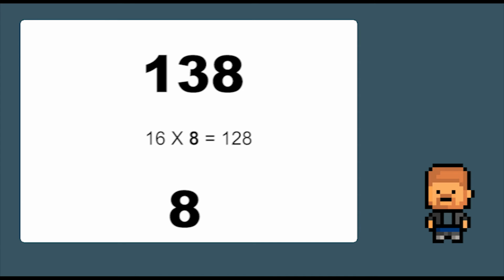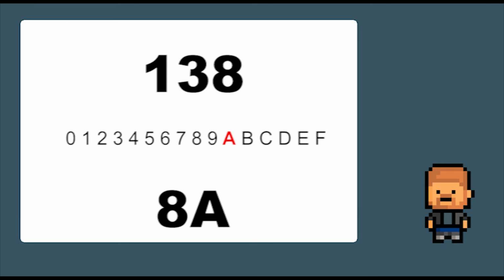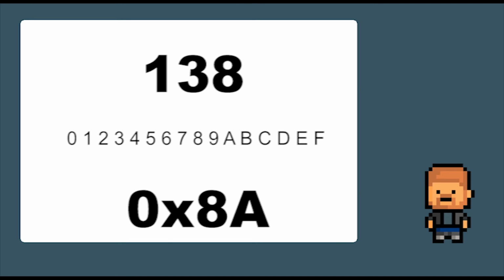So our first hexadecimal value is 8. We subtract 128 from 138, and we have 10 left over. So now we need to add 10 to the second value, and 10 in hexadecimal is an A. So our second value is A, giving us 0x8A.